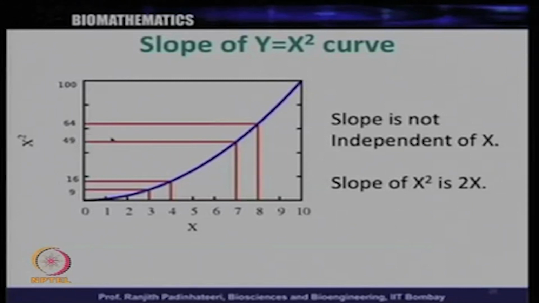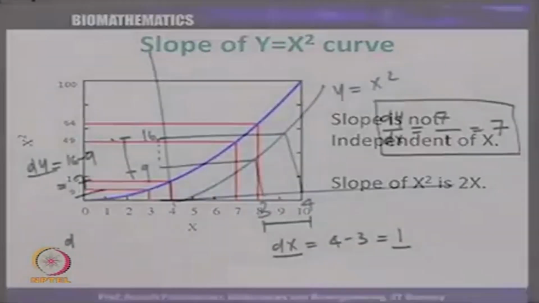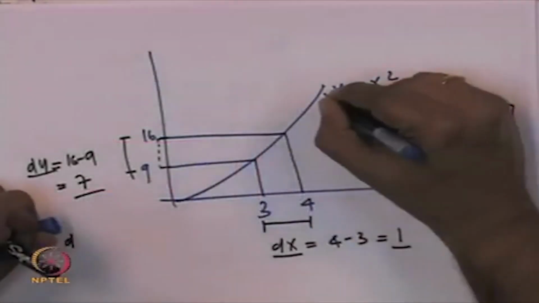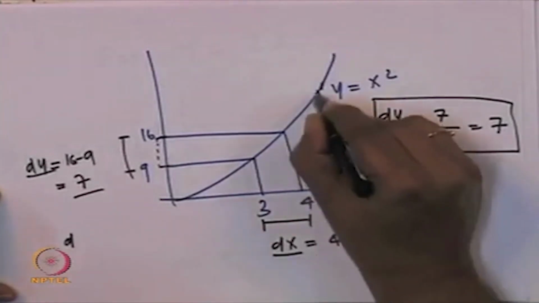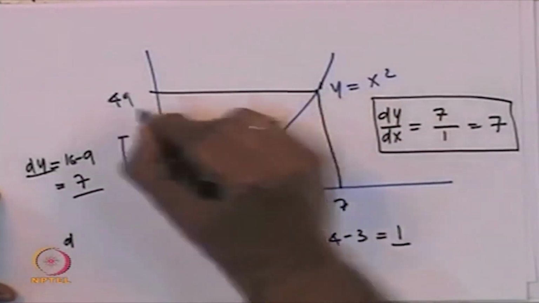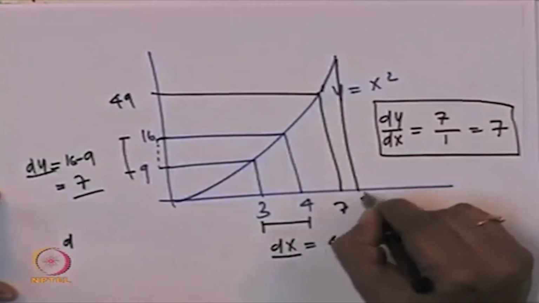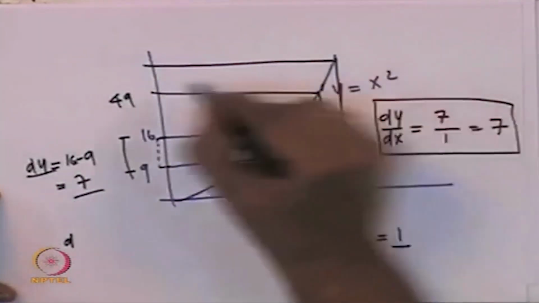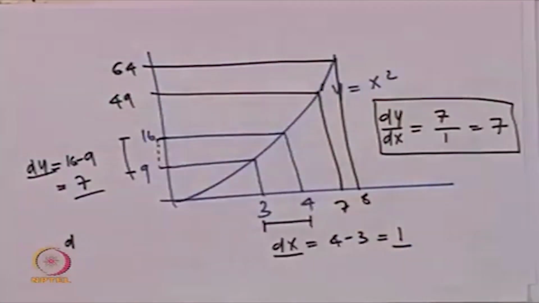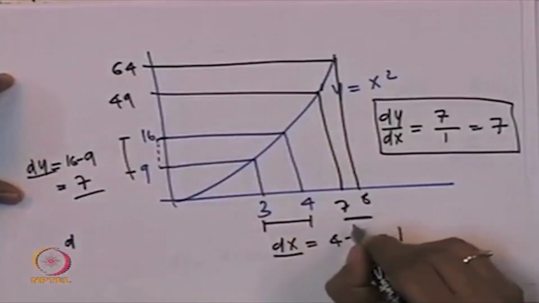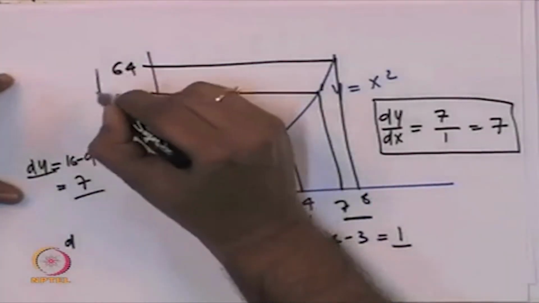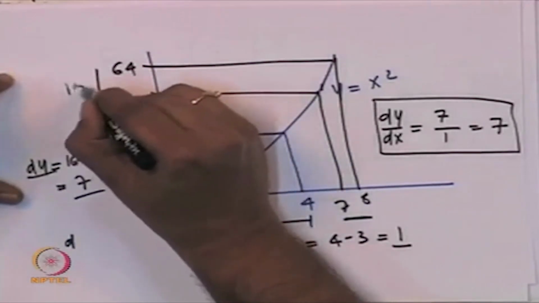Let us have a look here. If we had this curve a little more, if we start from 7, we reach 49, and if we start from 8, we reach 64. So dx was 1 and dy was 15.